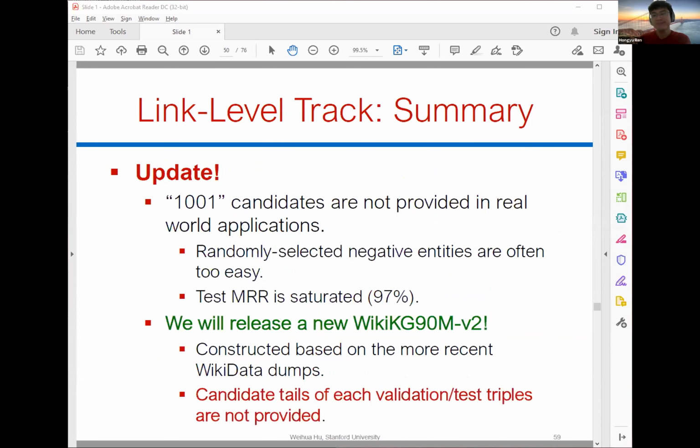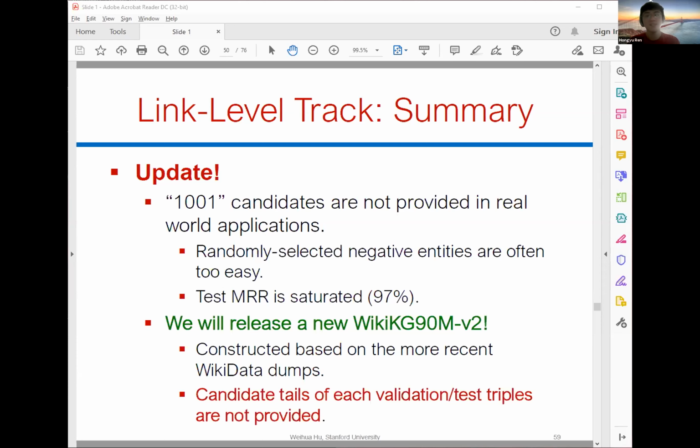Okay, so considering this limitation of the candidate set, that randomly selected negatives are often way too easy, and also the test performance is already reaching the upper limit, like we already have 97% test MRR, an update from our side is that we plan to release a new WikiKG 90M version 2, which is brand new and based on the recent Wikidata dumps.